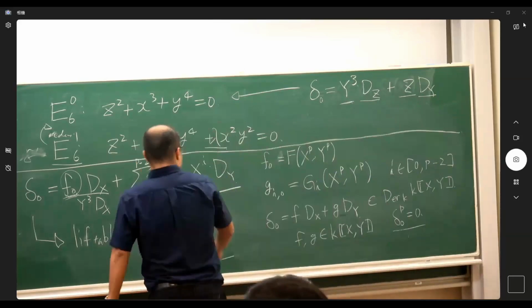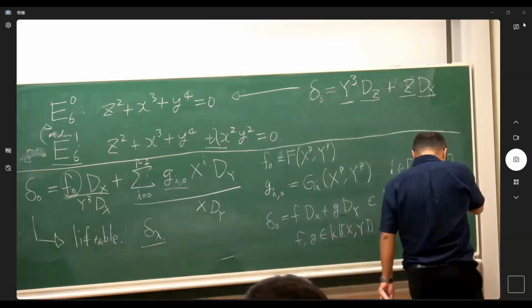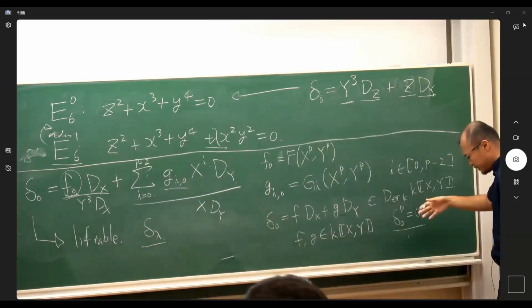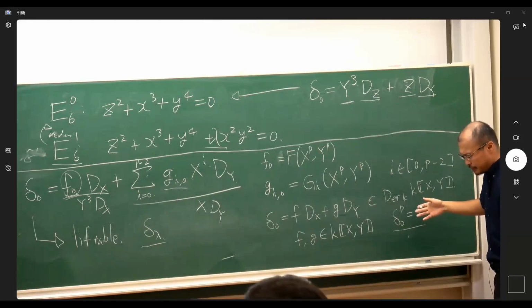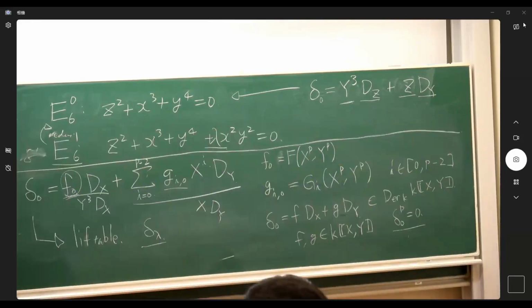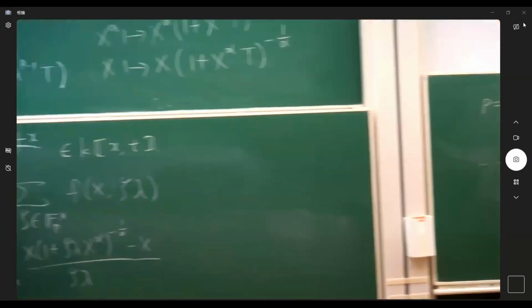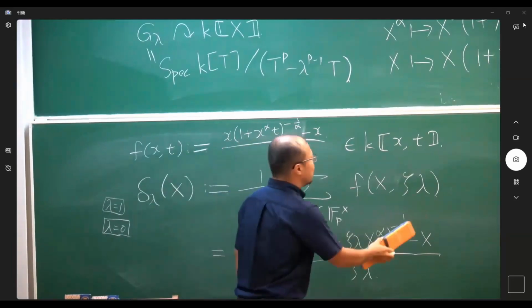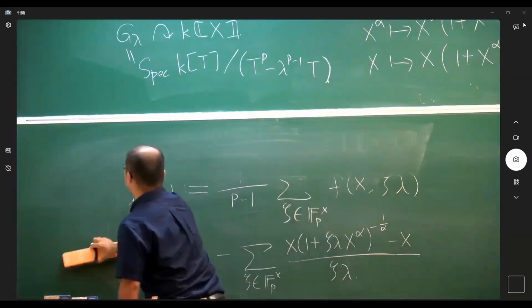Maybe this is a kind of problem of differential equations in positive characteristic, but it's very difficult to solve in general. We want to solve this kind of differential equation.